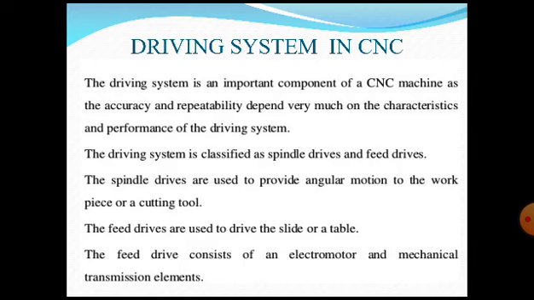The driving system is an important component of a CNC machine, as the accuracy and repeatability depend very much on the characteristics and performance of the driving system. So we need to understand here that a motor alone is not going to provide the required positioning.